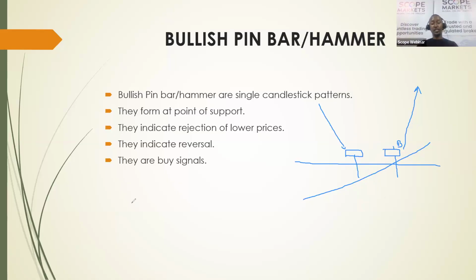Again, another question here: if this bullish pin bar closes as a sell candle, you have to wait for the next candle to close as a buy candle for us to take a buy position. The reason we wait is to confirm that buyers are indeed in control of the market.